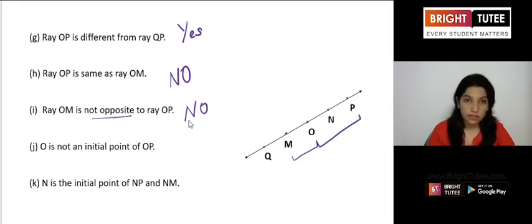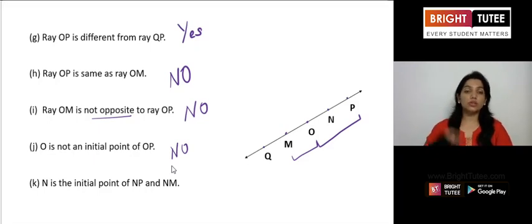They are opposite. Okay. So the next one is O is not an initial point of OP. Again, they are trying to trick us. Is it right to say that O is not the initial point of OP? They are wrong. So again, we can say no. O is an initial point of OP.